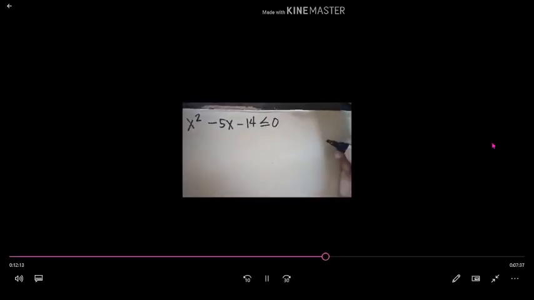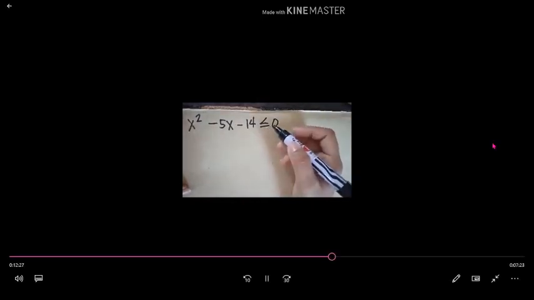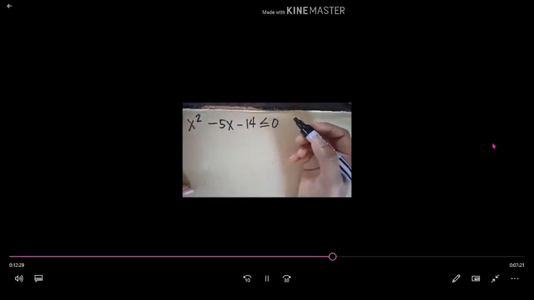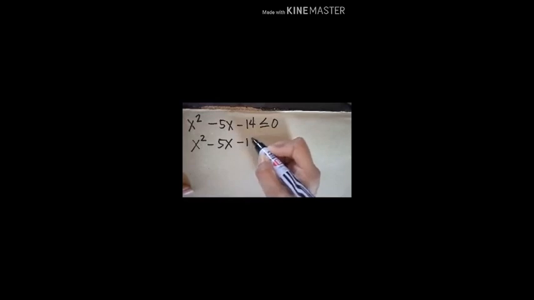Okay, now we are going to try x squared minus 5x minus 14 is less than or equal to 0. So, katulad ng ginawa natin kanina, we are going to change the inequality symbol to an equal sign to turn it into an equation. So, we are going to have x squared minus 5x minus 14 is equal to 0.